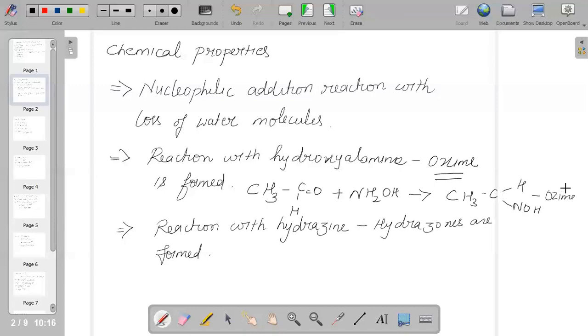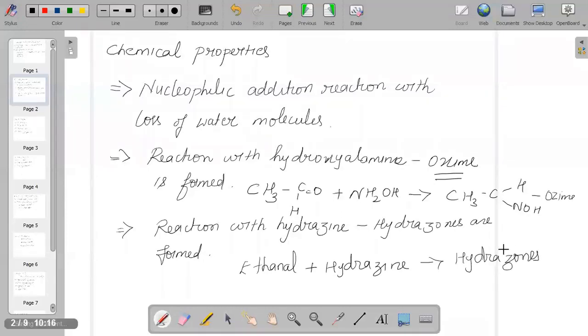What happens when an aldehyde reacts with hydrazine? When an aldehyde reacts with hydrazine, it forms hydrazones. So when ethanal reacts with hydrazine, it gives hydrazone as the product.